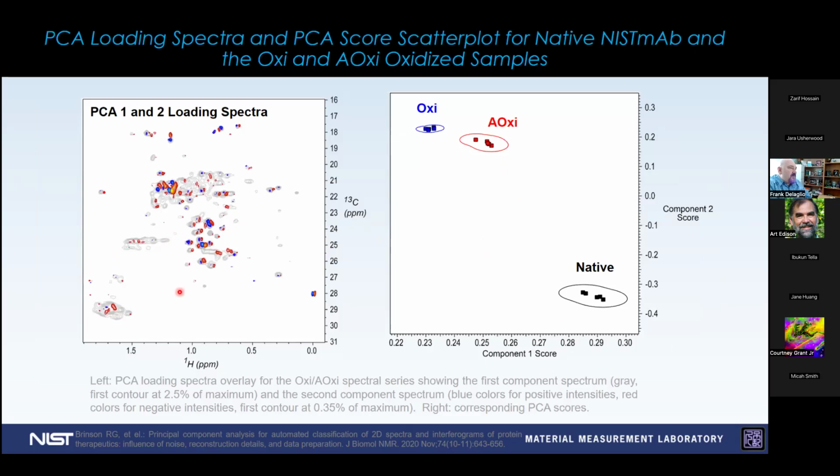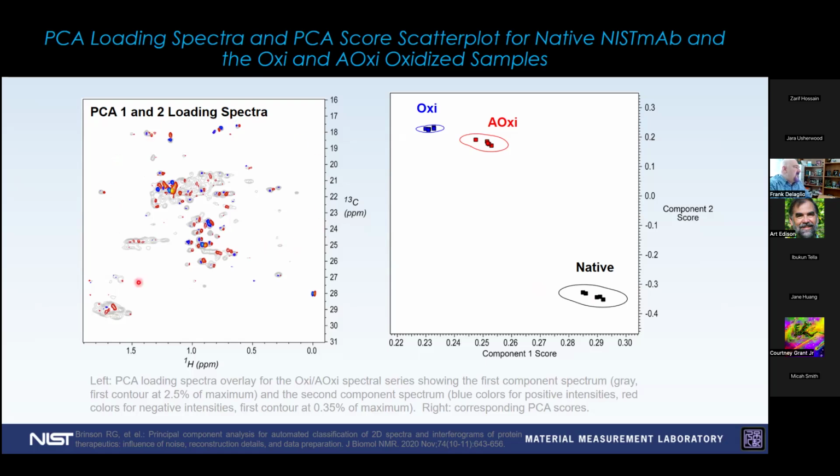Now, when we use principal component analysis, which I'll explain in a bit, we get two kinds of results that we can inspect and exploit. One result is a scatter plot that we've seen before, where each item in this scatter plot represents one spectrum in a spectral series.